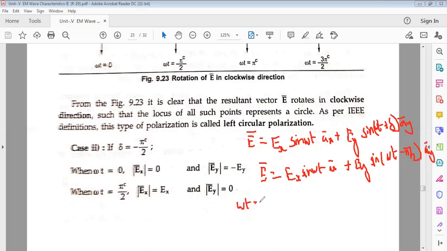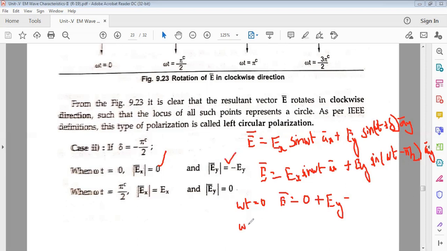If omega t is equal to 0, sine 0 is 0, so there is no component of Ex. Ex bar is equal to 0. And Ey into sine of 0 minus pi by 2, the sine of minus pi by 2, you get the negative value. So minus Ey.